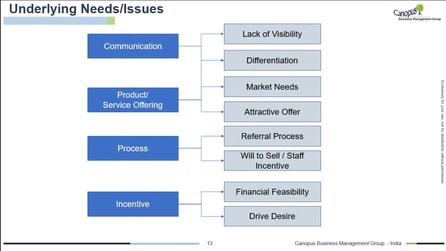Those were then grouped into the same buckets. There could be some overlaps, and that's why you see that the arrow marks for communication and product service offering do overlap a little bit. But broadly, the objective here is to make sure that we understand the underlying issues under various themes. So that's the primary objective.